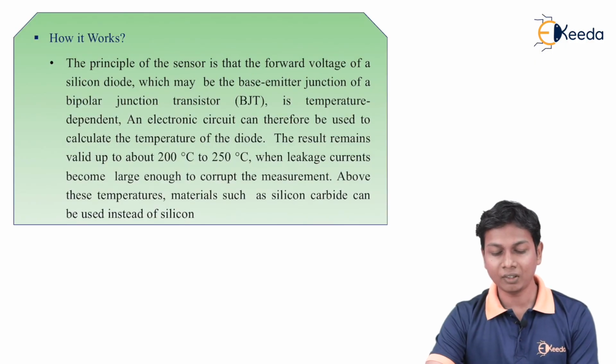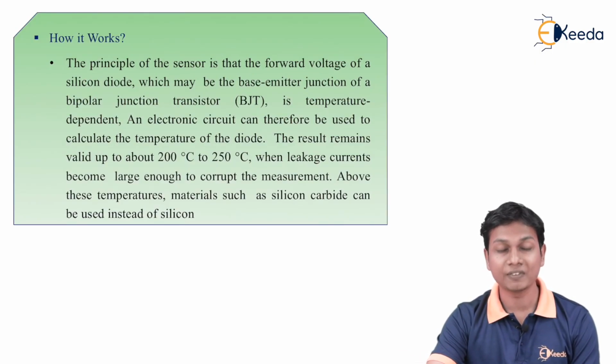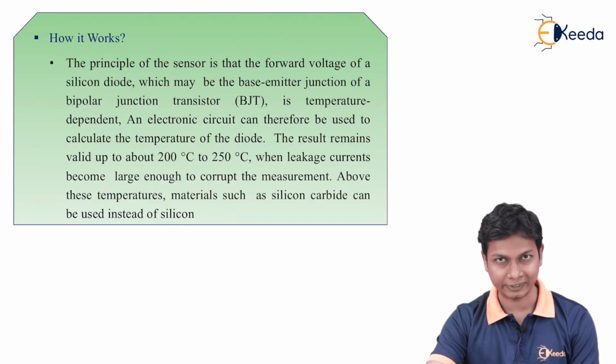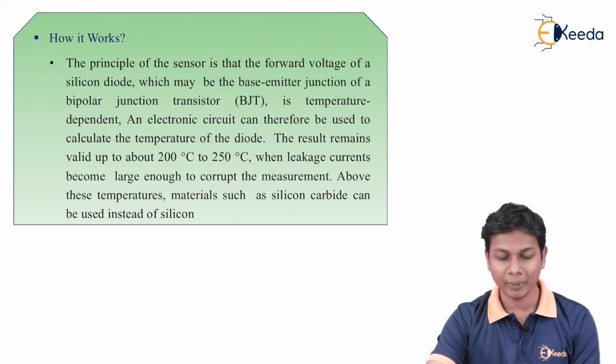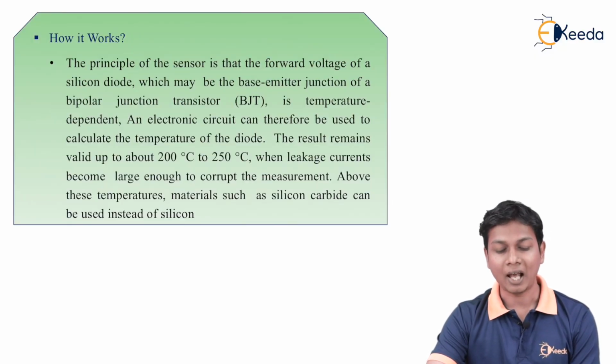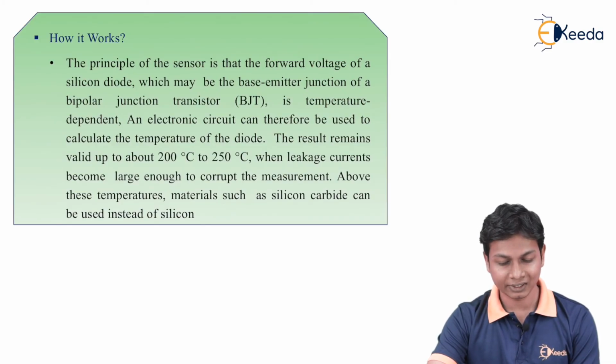So the forward voltage of a silicon diode, present in the base emitter junction of a transistor, is temperature dependent, and an electrical circuit is used to calculate the temperature of the diode.